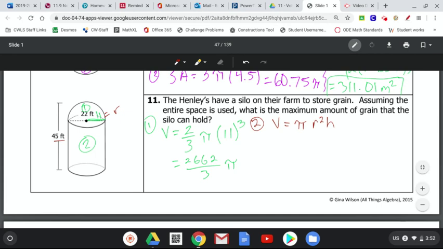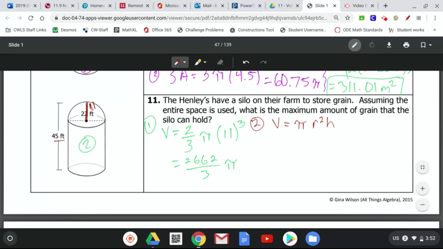Now, if you think about this, I'm going to erase some stuff over here. Like I said before, a radius is any line from the center to the outside of the sphere. So we know our radius is 11. Well, a radius that we could draw is going straight up from the center, straight up to the top of the sphere. That's going to be 11.